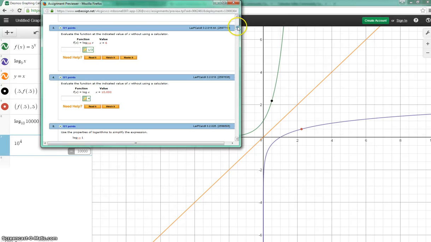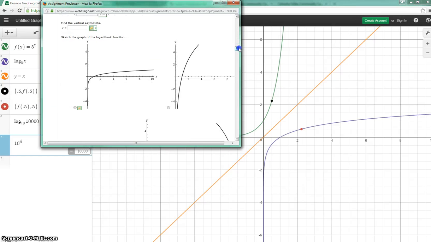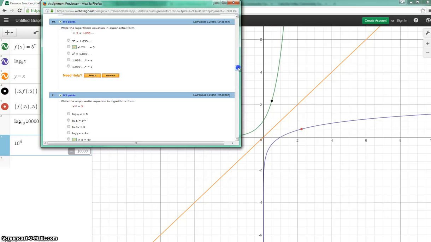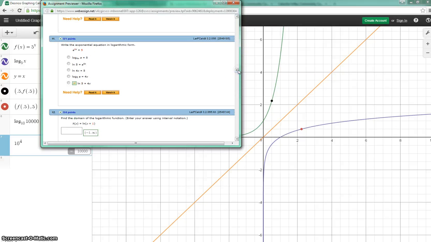Another one to look at is number 11. Write the exponential equation in logarithmic form. If this is my base, taking an exponential and writing it in log form, it'd be log base e of 5 equals 4x. We don't have one that says log base e, so what ln stands for is just the natural logarithm.